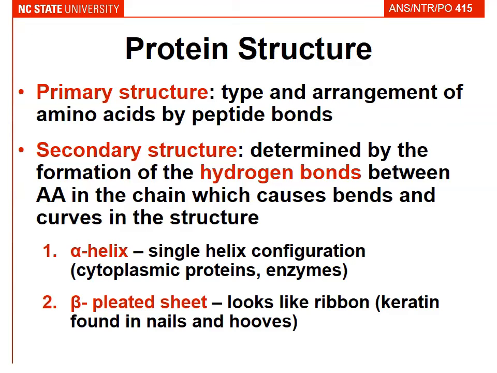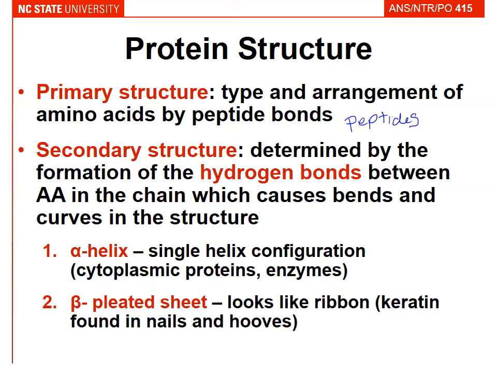So what are the overall categories of protein structure? We have 4 different categories. Our first level is our primary structure, and this is what's making up our peptides. This is our single chain of amino acids.